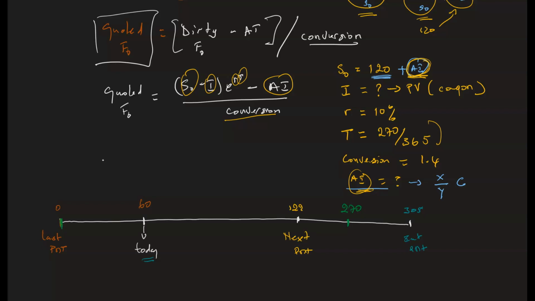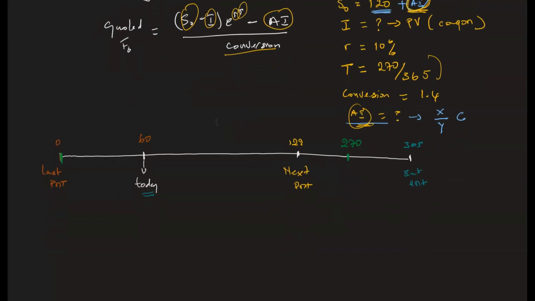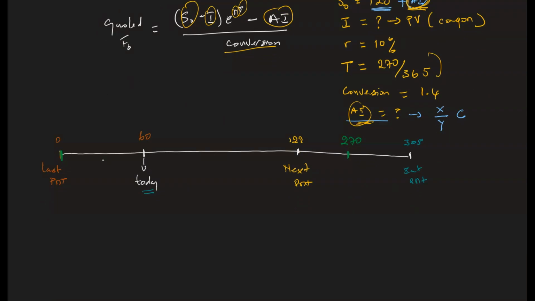Next, what we need to do is figure out what the dirty S0 spot price is. Now that dirty spot price is going to be equal to the clean spot price plus any accrued interest. Now remember the last interest payment was made here.